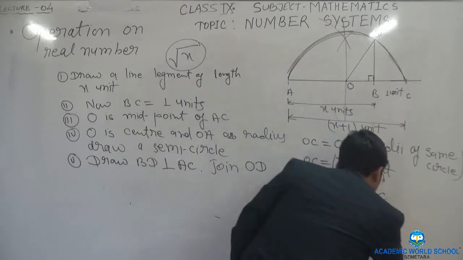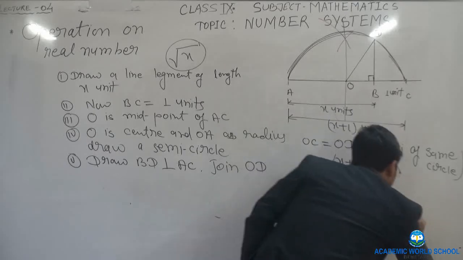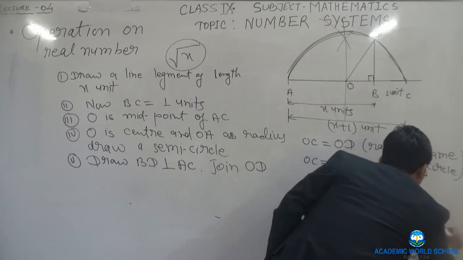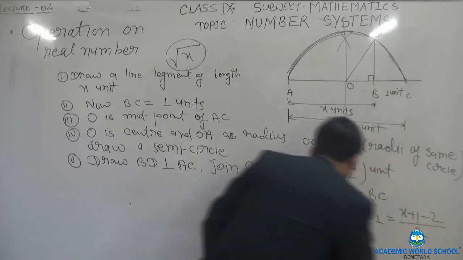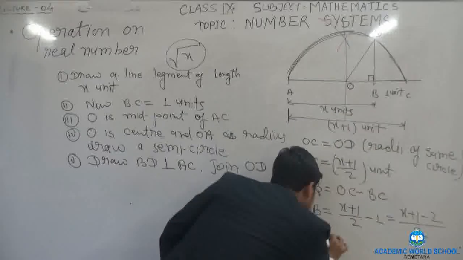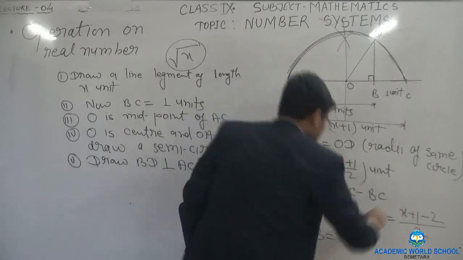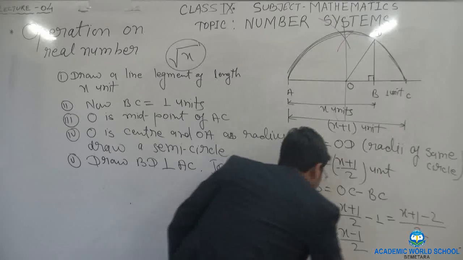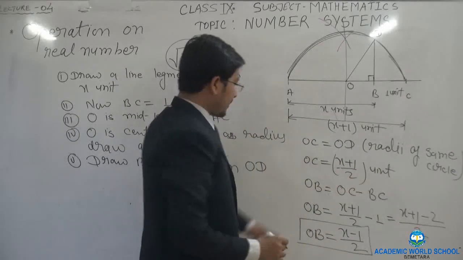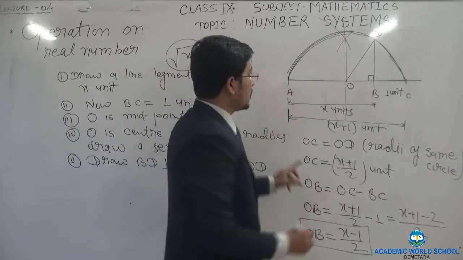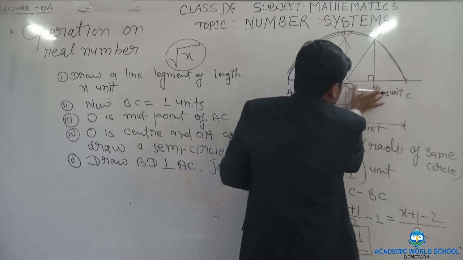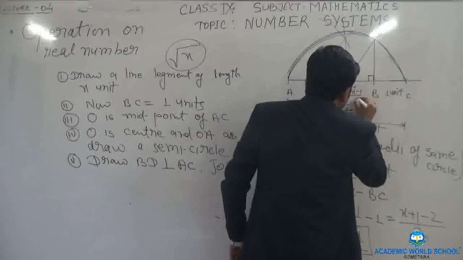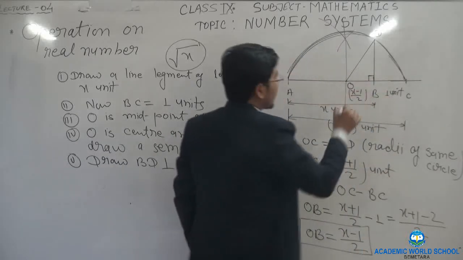So it will be x plus 1 minus 2 upon 2. Therefore OB is equal to x minus 1 upon 2 unit. So we have got this length.